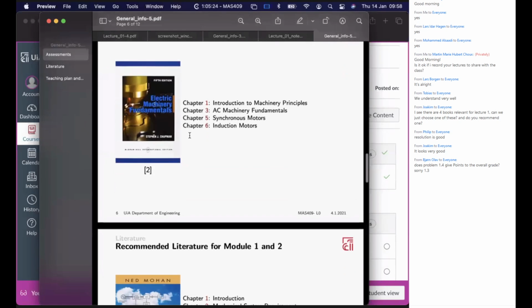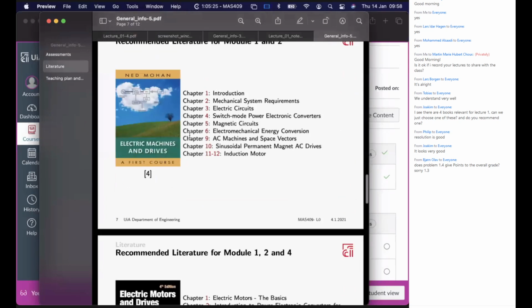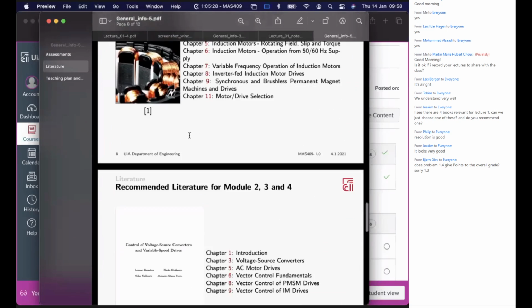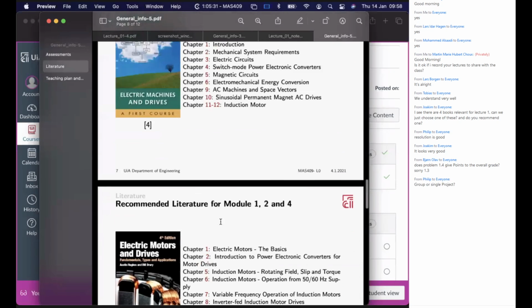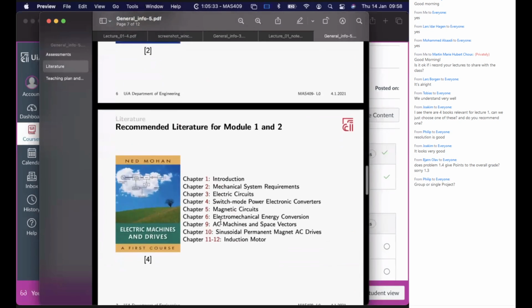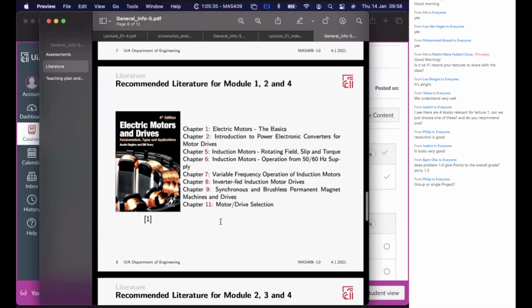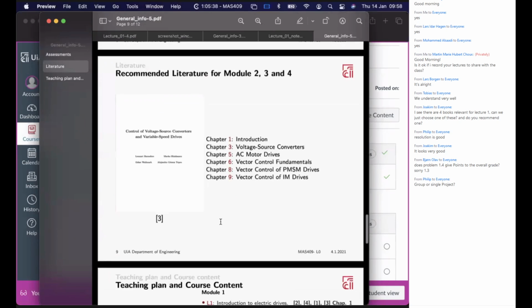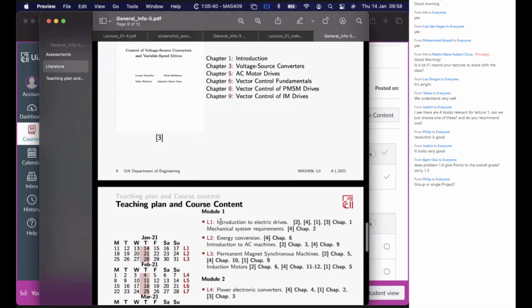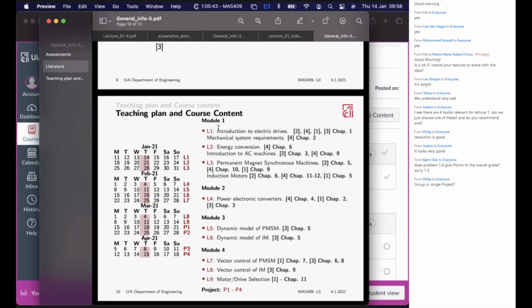So this is the literature I spoke about. Yes, I already told you, and here I put also all the chapters that are relevant. And here are the 4 modules. So the first 3 weeks will be introduction that we did and mechanical requirement, and then this is a repetition of the bachelor course, but we need the basic principles to understand how it works.